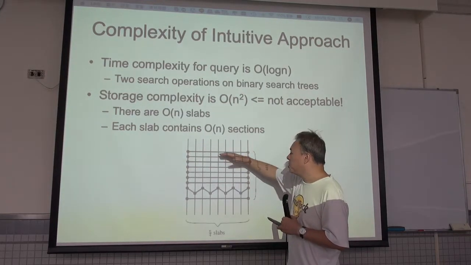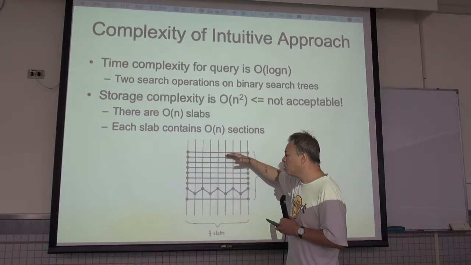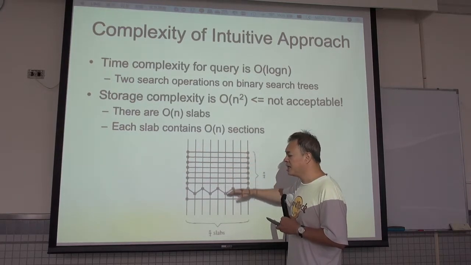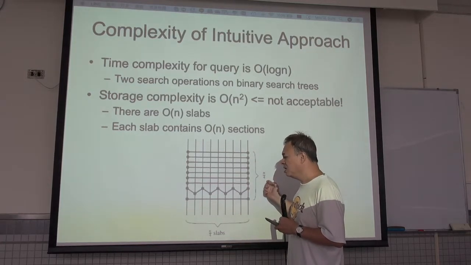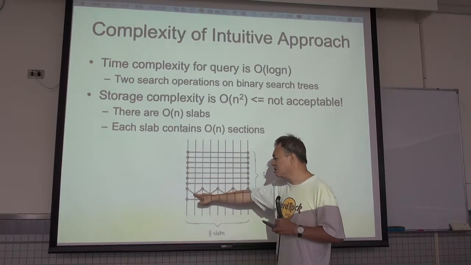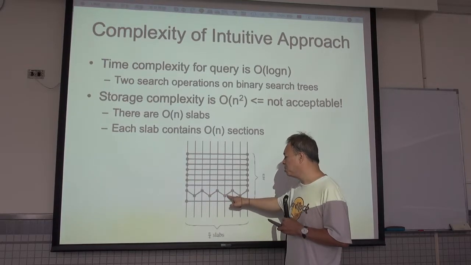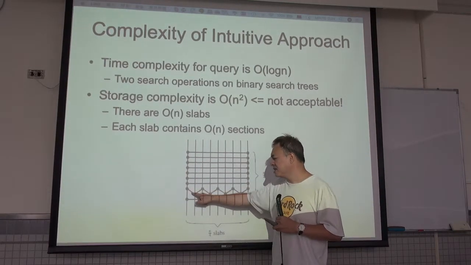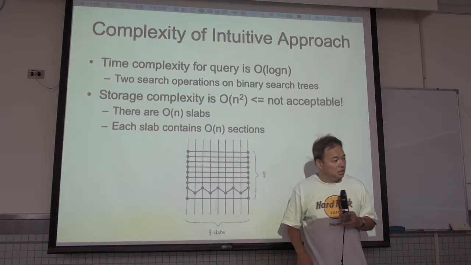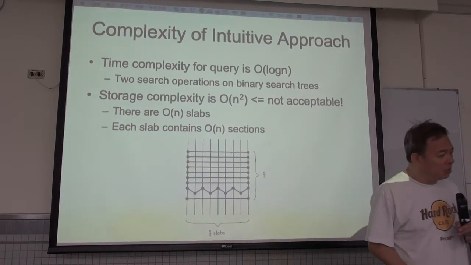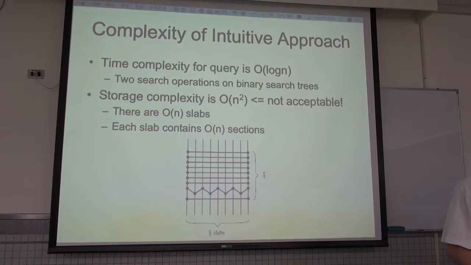In the worst case, we have roughly n over 4, actually n over 4 minus 1, straight lines, and also we have n over 4 small line segments like this. So the total will be how many line segments?